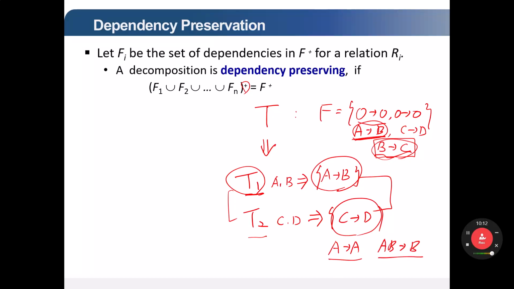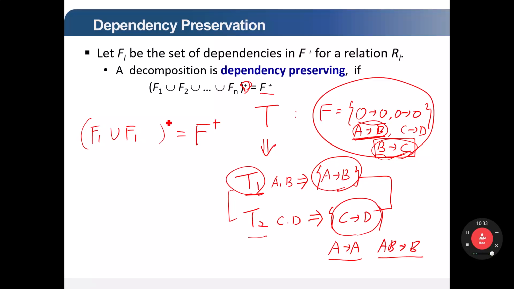You can add lots of functional dependencies to this closure, and you also do the same for the original functional dependency set. So if the closure of the original functional dependency set is equivalent to the closure of the decomposed functional dependency set, then we say we didn't lose any functional dependency.